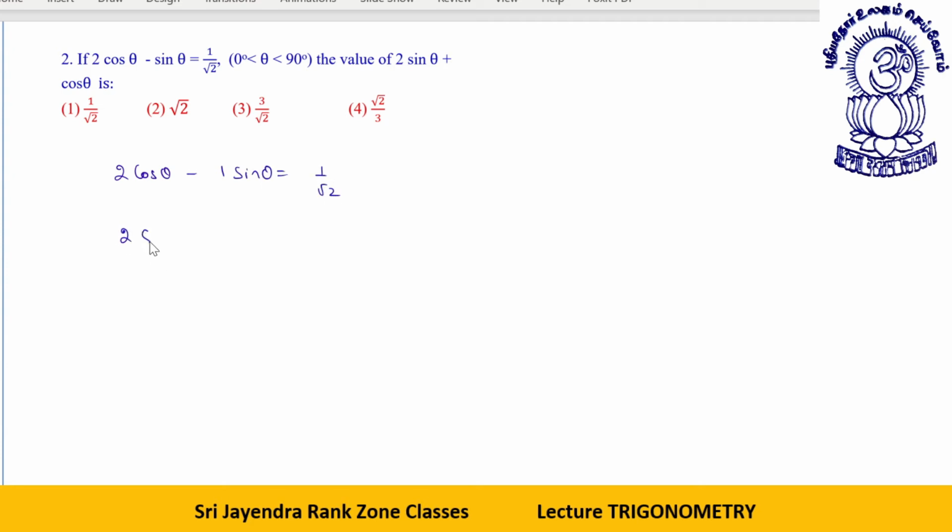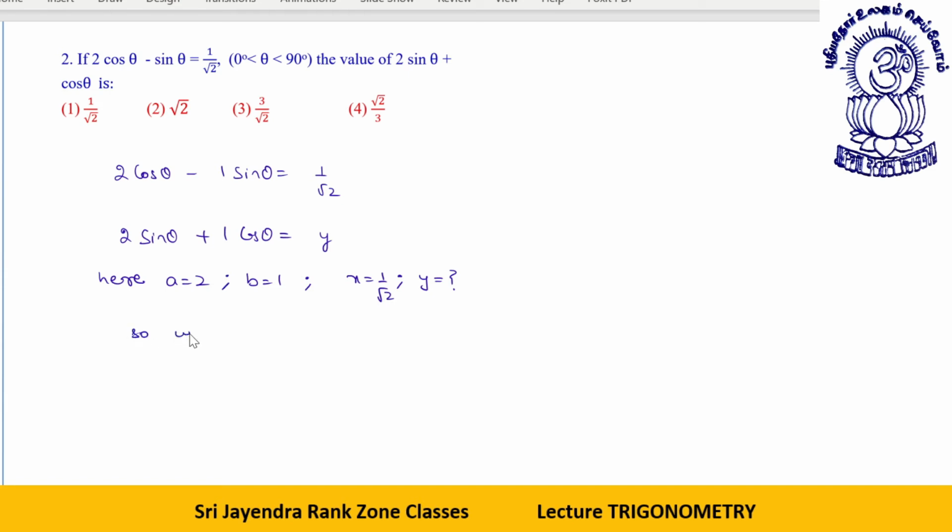The value of 2 sin theta plus 1 cos theta is equal to x. Here, let's say this value is y. Here a is equal to 2, b is equal to 1, x is equal to 1 by root 2, y you are being asked about. Okay.